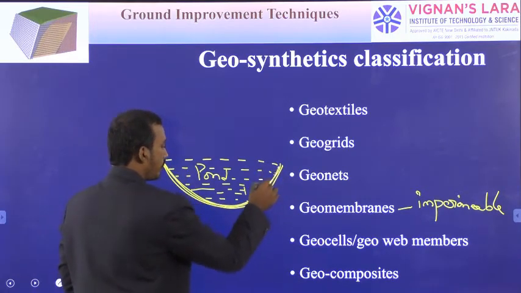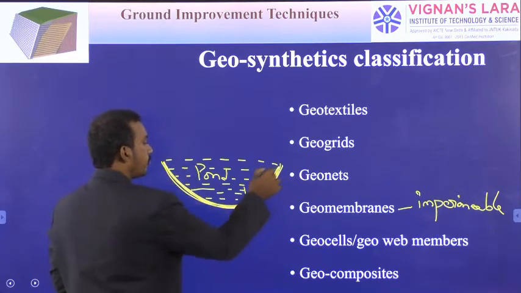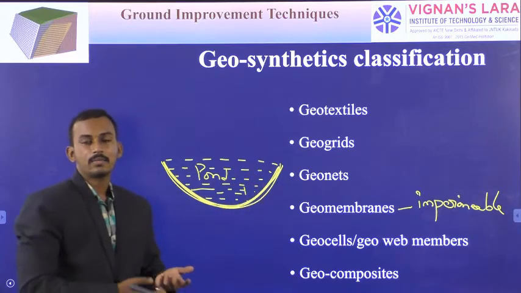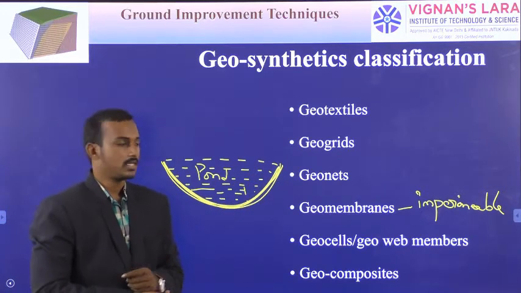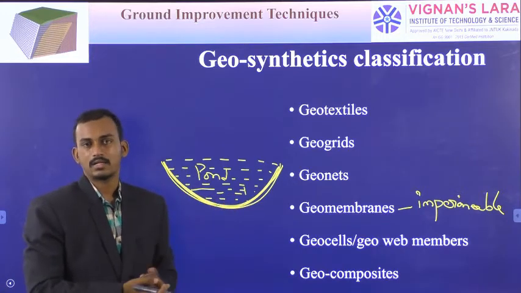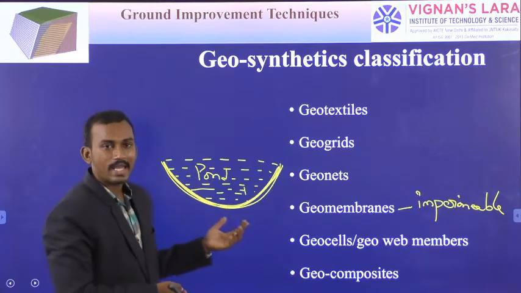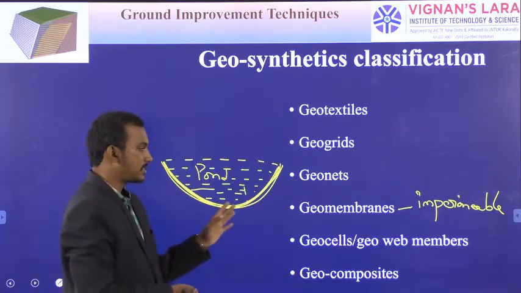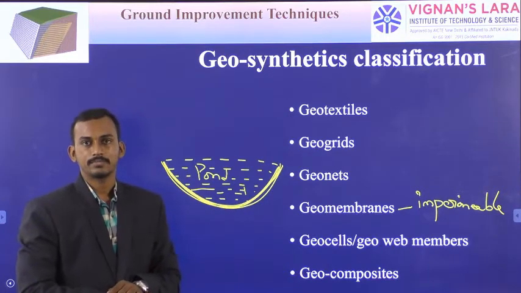So the geomembrane will not allow the water to flow through it. So in that case there must be no leakage of water. So that is the advantage of using the geomembrane in case of ponds or any other lakes and all. Also wherever there is a high leakage of water occurring, in such cases we use these geomembranes.